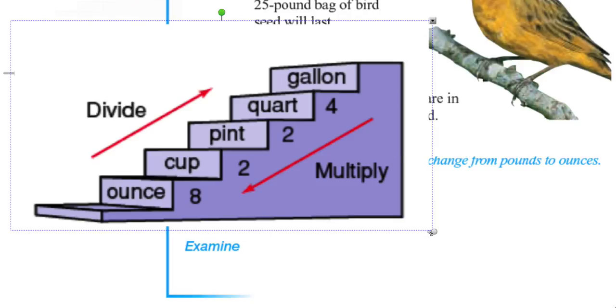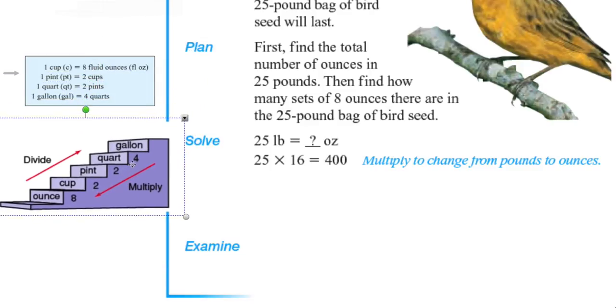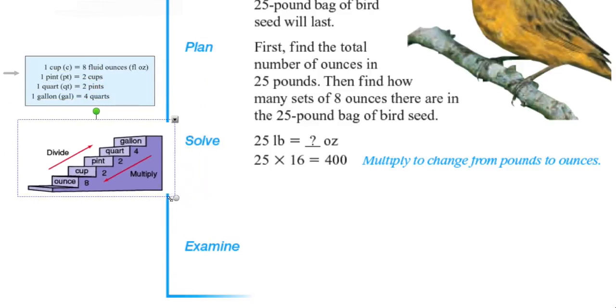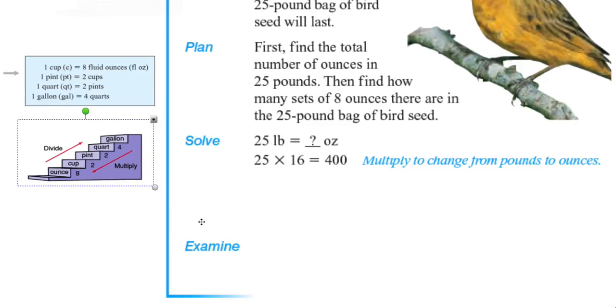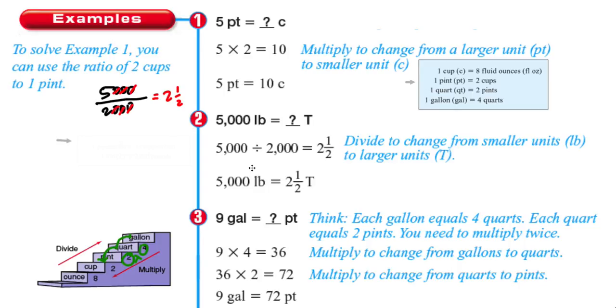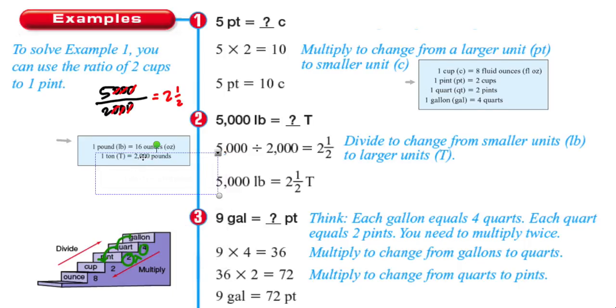Pounds. Ounces in pounds, or we need to use the other one, this one I think. Oh yes, 1 pound equals 16 ounces. So this one we need to use right here. So let me get that one. I'm going to clone that thing.